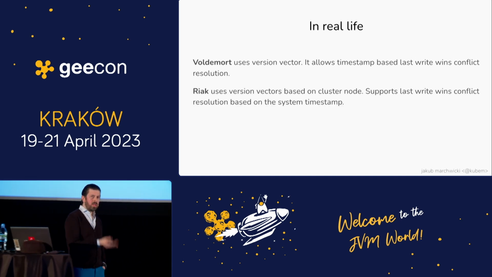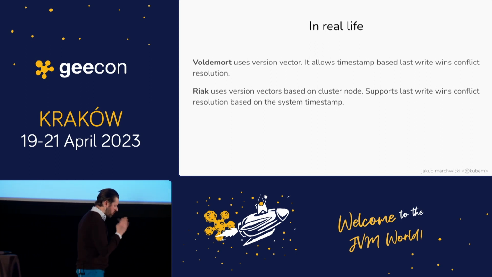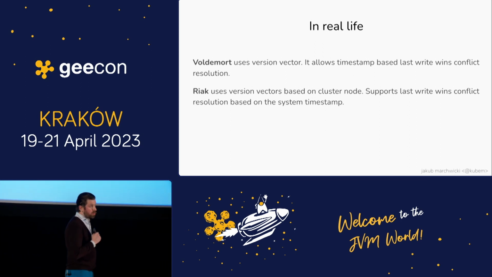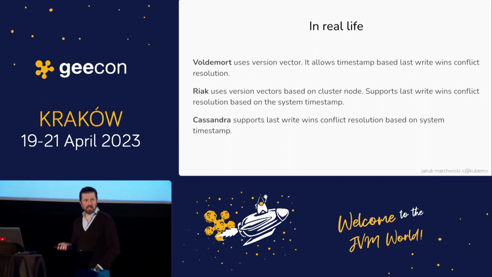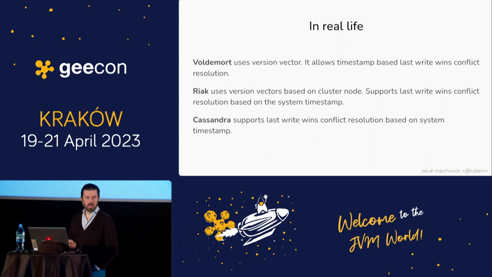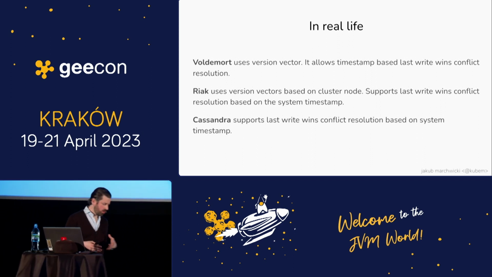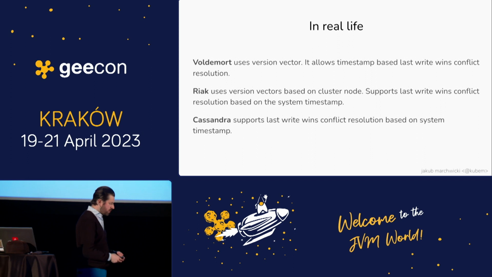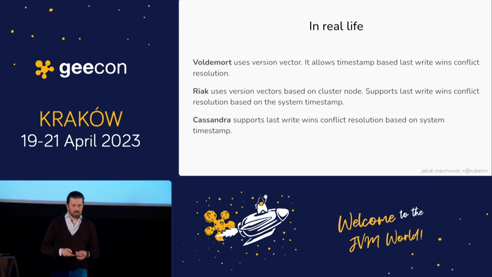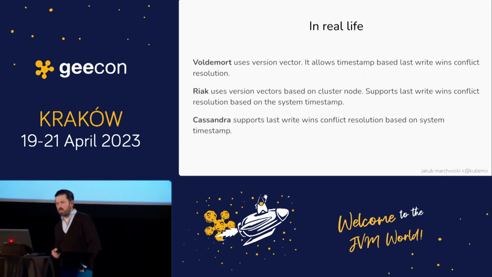If you have Riak, it is all-to-all topology. They're also using version vectors and also using LWW conflict resolution. And finally, Cassandra is doing exactly the same. So before we get to a point of actually storing that data onto the disk, this is what needs to happen before we get there.